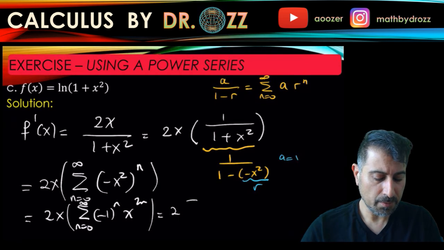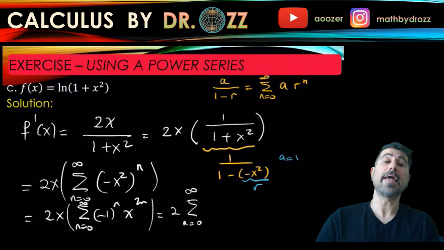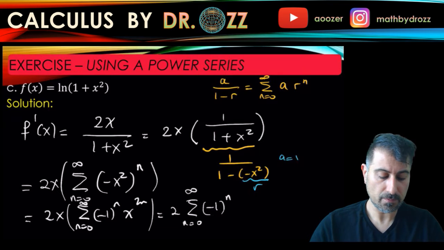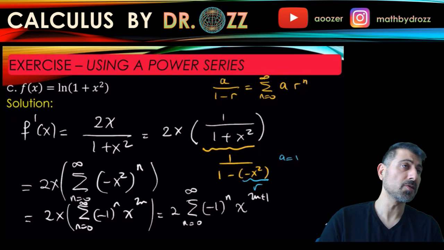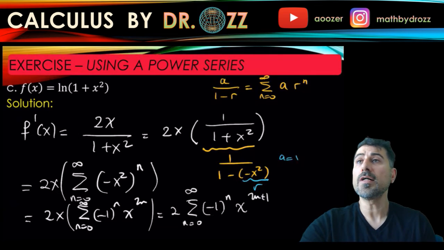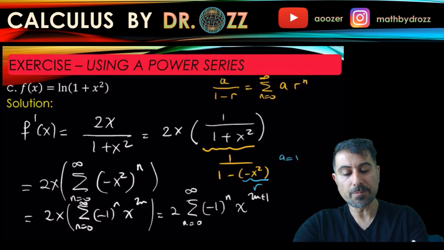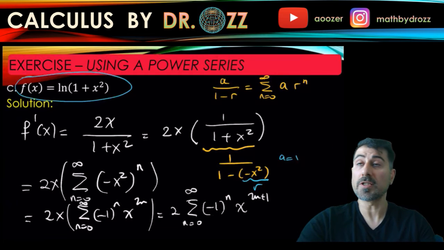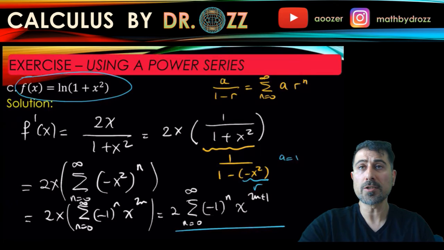I can multiply everything term by term by x, and so x to the 2n times x becomes x to the 2n plus 1. So this is the power series representation of the derivative of f, which is f prime. If I want the power series representation of the original function I started with, I'm going to integrate this power series term by term in the next line.